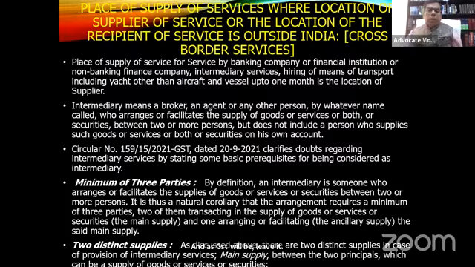Now, in the case of a cross-border service, I believe the biggest area of dispute is going to be intermediary service, or whether a service is an information technology service. Because in case of an intermediary service, it is the location of the supplier which is considered to be the place of supply.